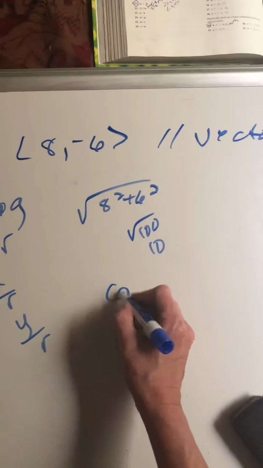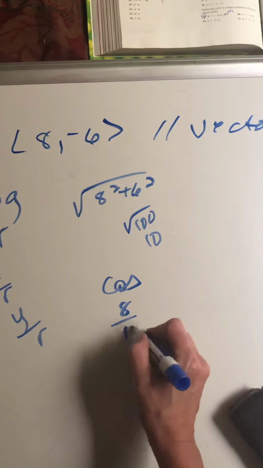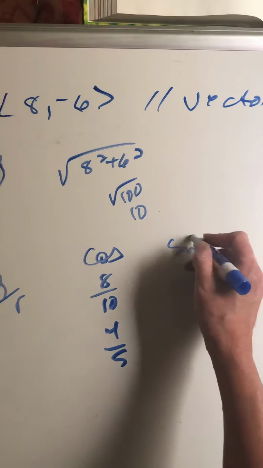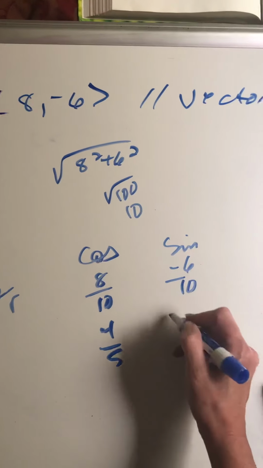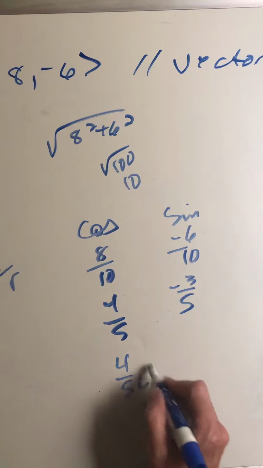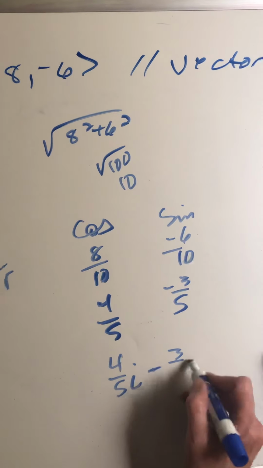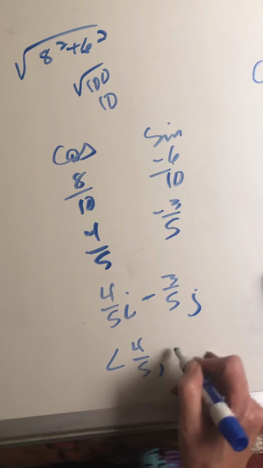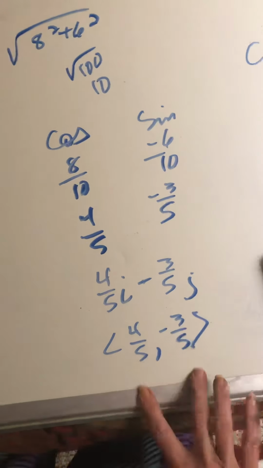So if I wanted cosine, it would be 8 over 10, which is 4 over 5 when I reduce it. If I wanted sine, it would be negative 6 over 10, which is negative 3 over 5. So if I wanted that linear combo, I just put an i and a j by them. If I wanted component form, that's component form.